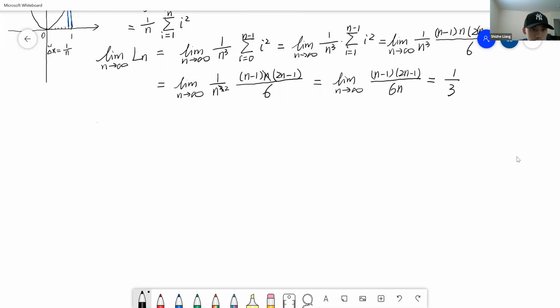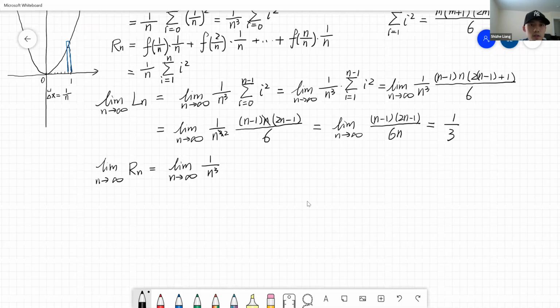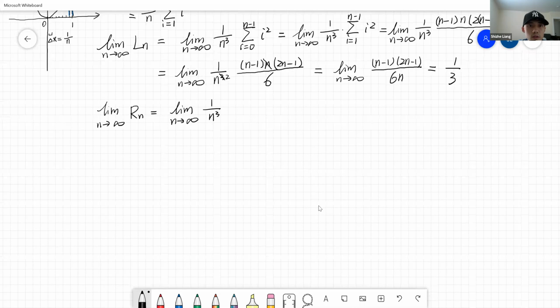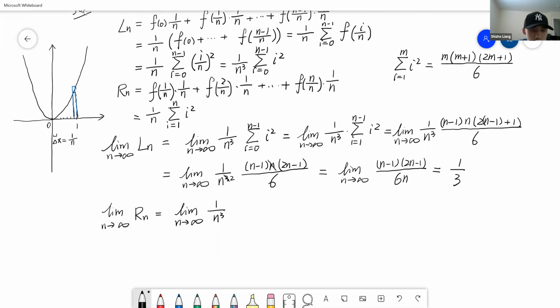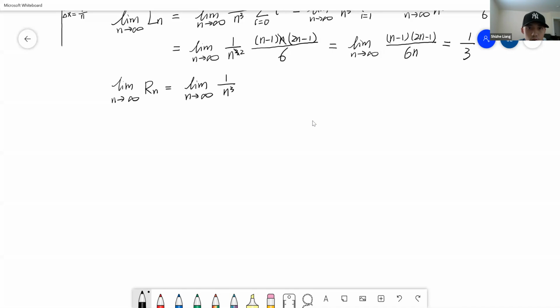Okay, so the limit as n approaches infinity of Rn is equal to, we just copy down the expression for Rn, which is, wait, sorry, there is an n cubed here, just as how we derived this n cubed for Ln. The sum from i equals 1 to n of i squared.